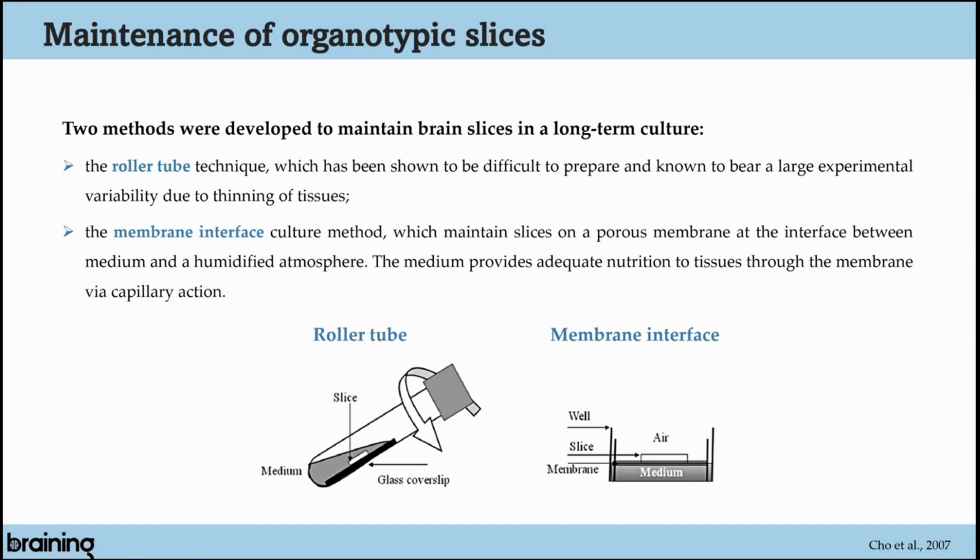The media provides the nutrition to the tissues, and the atmosphere provides the humidification. So this system was proven to be highly stable, and I believe, I'm not going to say 100%, but most researchers that work with organotypic slices use this membrane interface system.